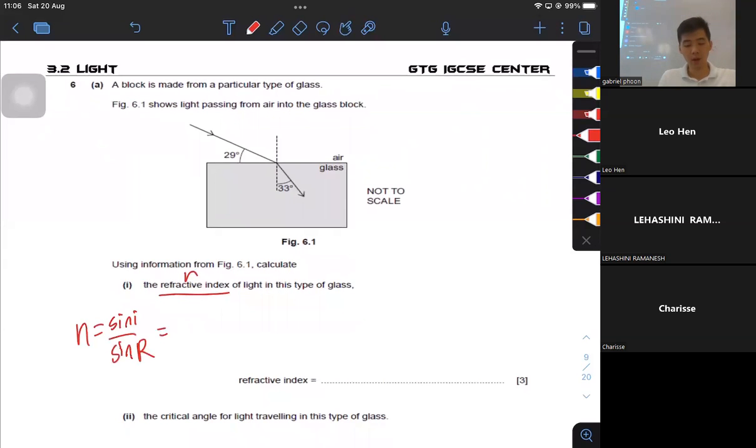So my first question is, which one is the i and which one is the r? The i is in the air and then the glass is obviously the r. So how much is the i? Is it 29? It's supposed to be 61, guys.